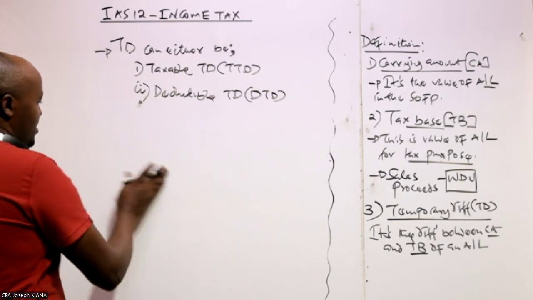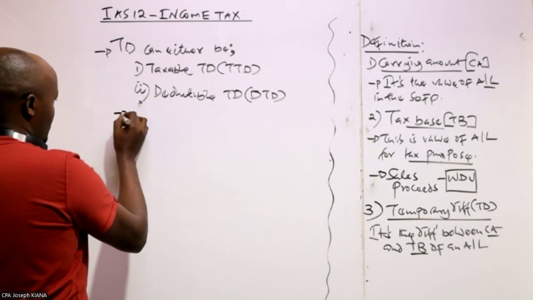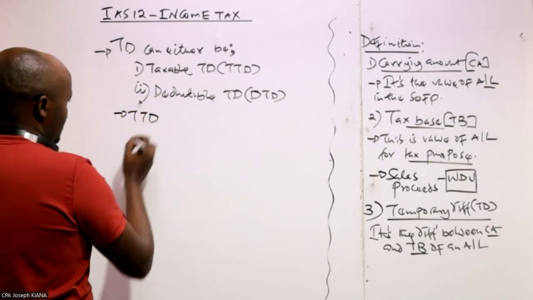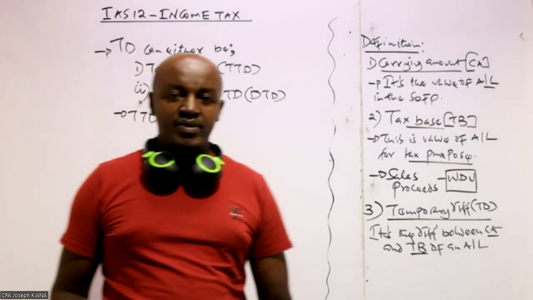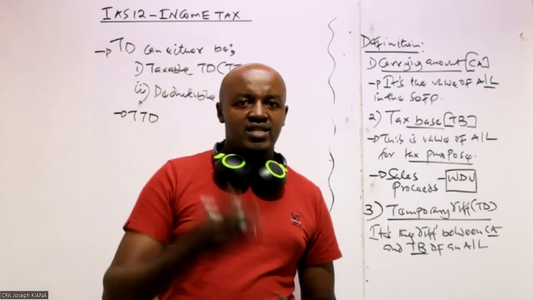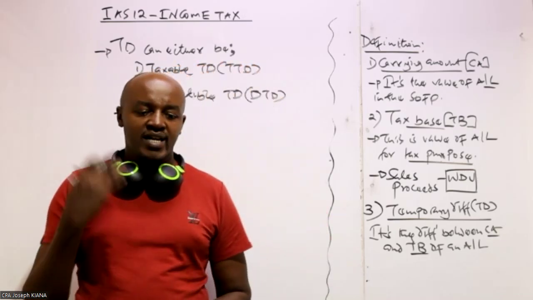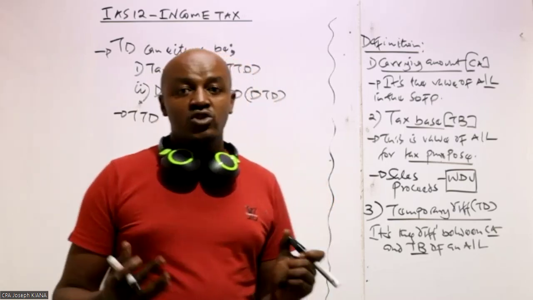So what do we mean by these two types of temporary differences? Let's start with the first one, which is the TTD, taxable temporary difference. A taxable temporary difference is a temporary difference which gives rise to amounts which will be taxed in the future once the company sells an asset, or once the company decides to do what? To settle a liability.